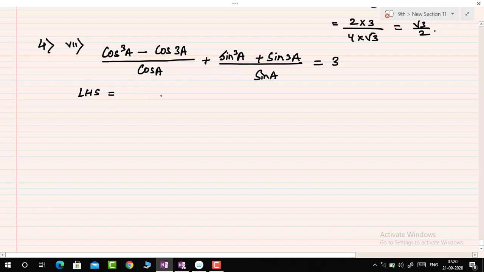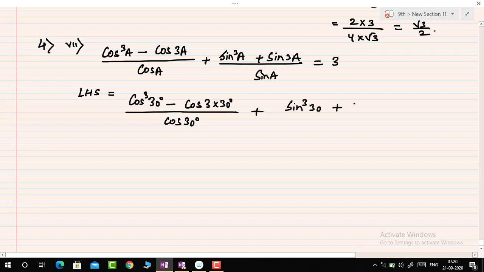So cos cube A, what is the value of A? A is 30 degrees, that means cos cube 30 degrees minus cos 3 multiplied by 30 degrees, that is 90 degrees, upon cos 30 degrees plus sin cube 30 degrees plus sin 3 multiplied by 30 degrees upon sin 30 degrees.